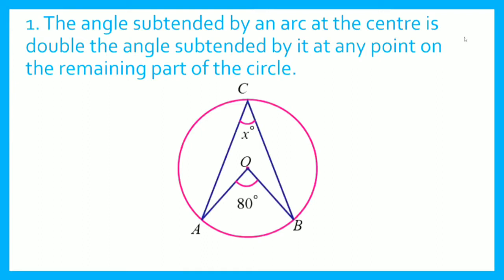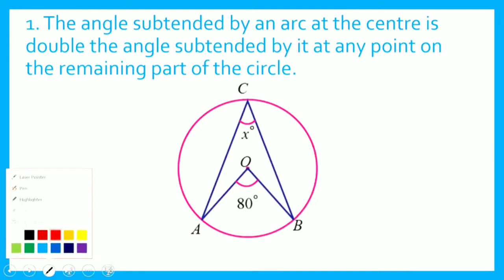All right, so the first one says, the angle subtended by an arc at the center. I'll just annotate as I go along. The angle subtended by an arc, and we know an arc is just a portion of the circumference.